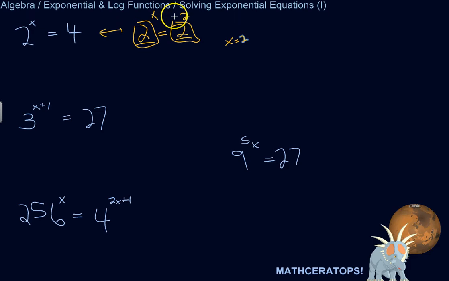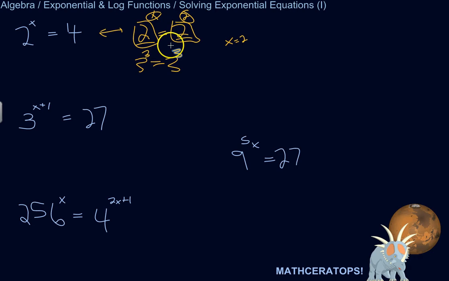The only way for these to be equal, since they have the same base, is for the exponents to equal each other, right? If I've got 3 to the power of 3, to what power do I have to raise 3 in order to make it equal to 3 to the power of 3? Well, 3, of course.